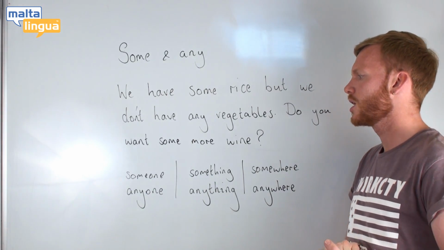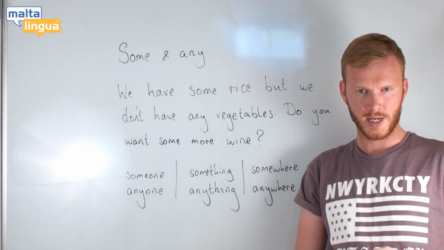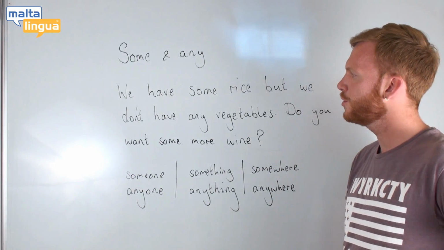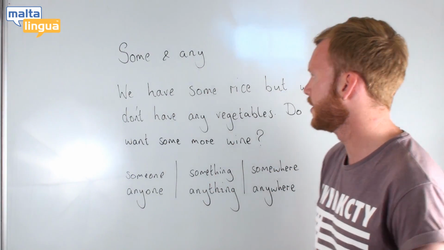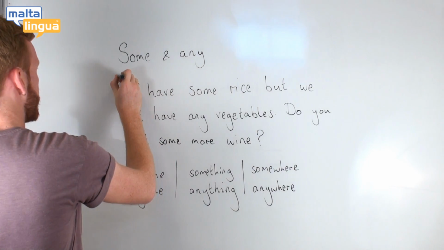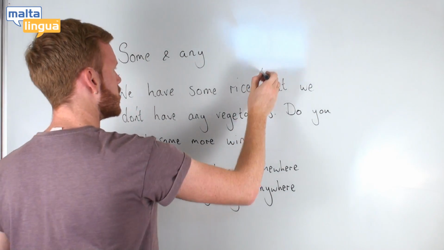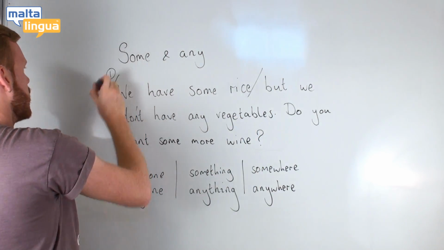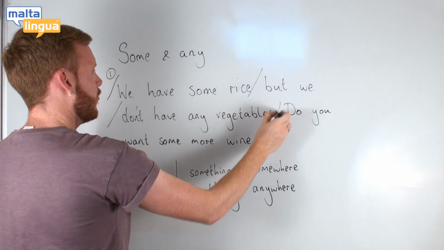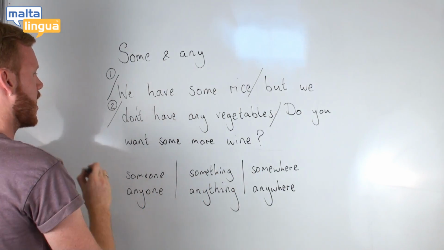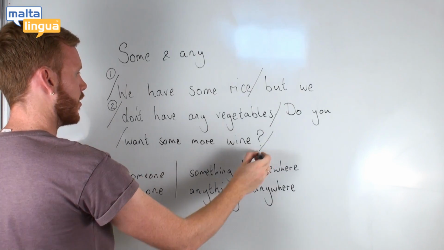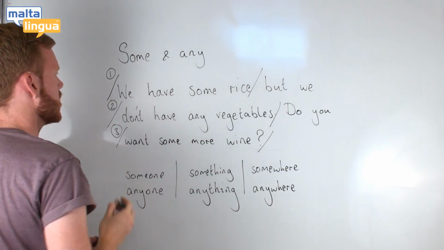Do you want some more wine? Okay, so let's break this up a little bit here. Let's break it into phrases. Okay, so we'll call this phrase 1, phrase 2, and we'll finish with phrase 3.